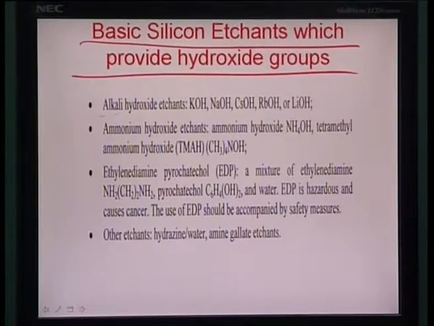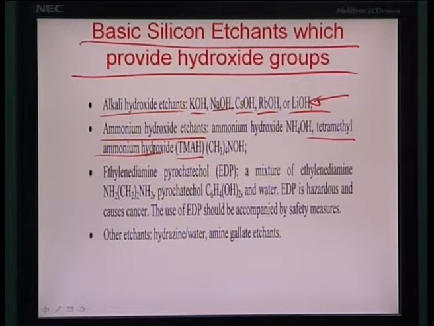So, the basic silicon etchants, some of which provide the hydroxide groups, are alkali hydroxides like NaOH, KOH, CsOH, rubidium hydroxide, lithium hydroxide, etc. Then there are ammonium hydroxide based etchants. One of the very popular etchants that is used is TMAH based, tetramethyl ammonium hydroxide, or simply ammonium hydroxide based etching.